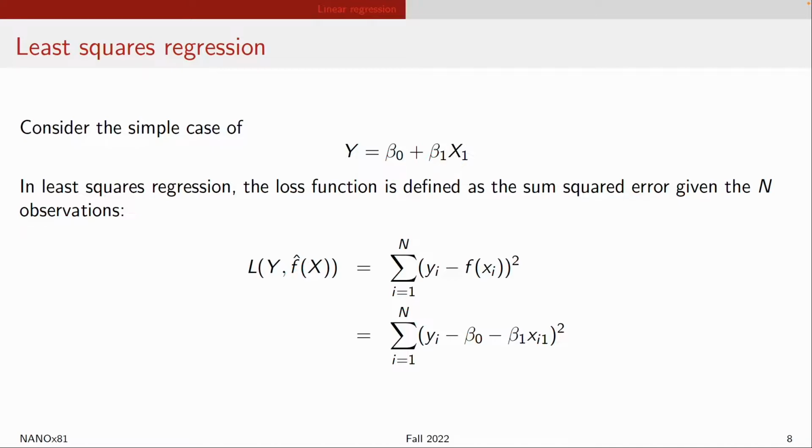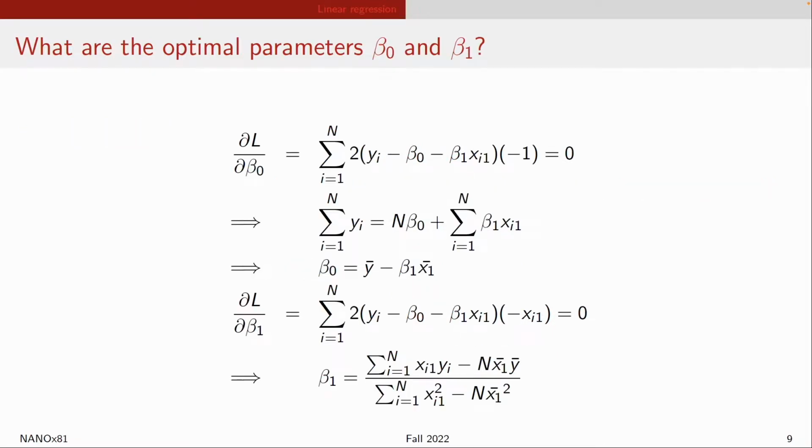So you will take the derivative of L, the loss function, with respect to beta naught, and the first derivative of L with respect to beta 1, and I'm sure you have done this in your statistics course. You can actually get an analytical expression for what your optimal beta naught and beta 1 are, okay?